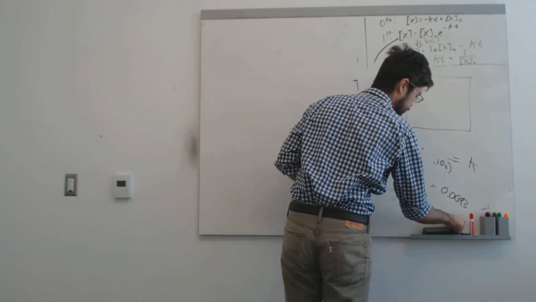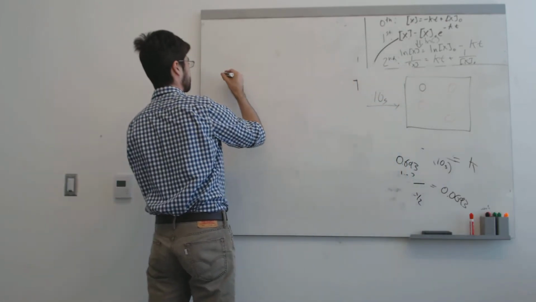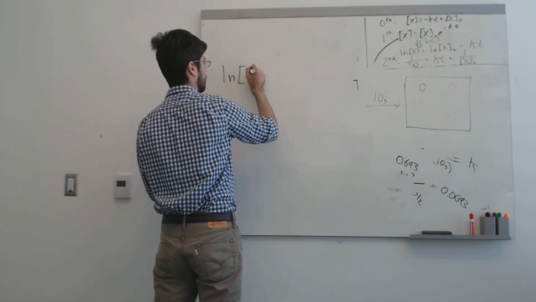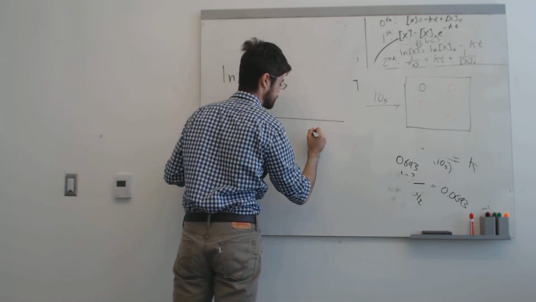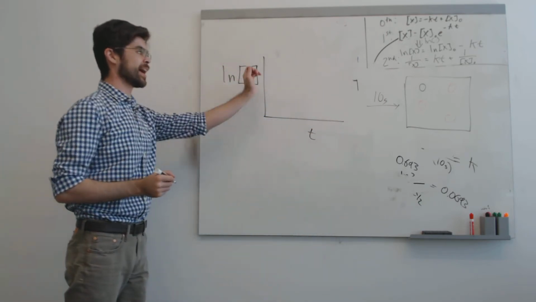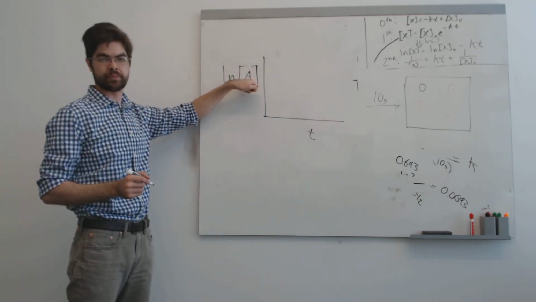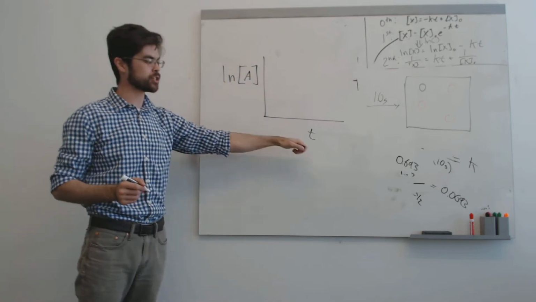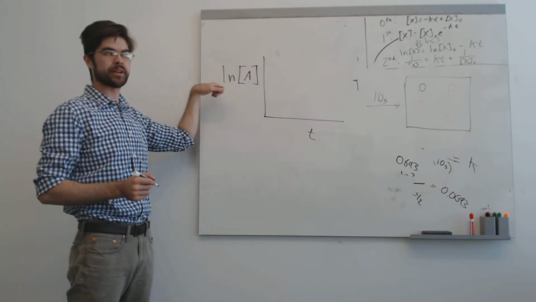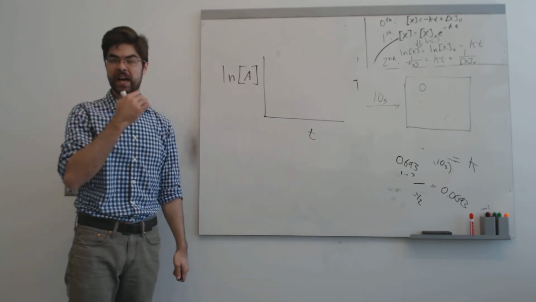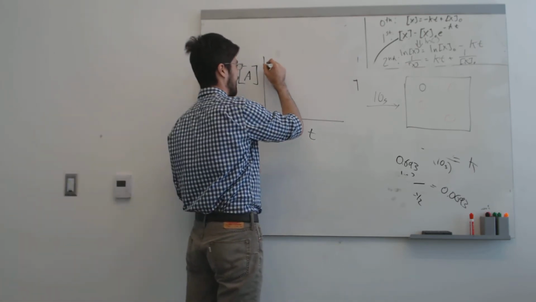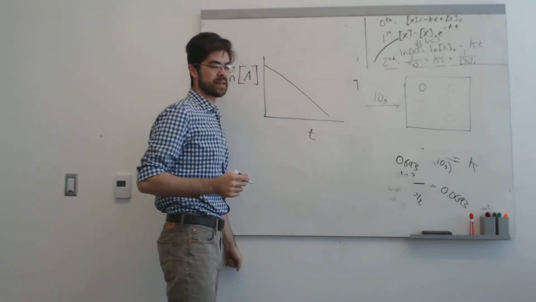So the example I did today was I gave you a graph of the natural log of the concentration versus time. I had a particular process, I measured its concentration versus time, and then I plotted the log of that concentration versus time. And when I did that, I got a straight line.